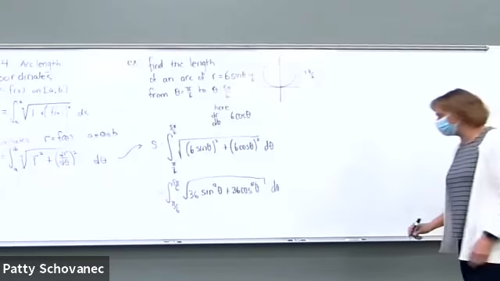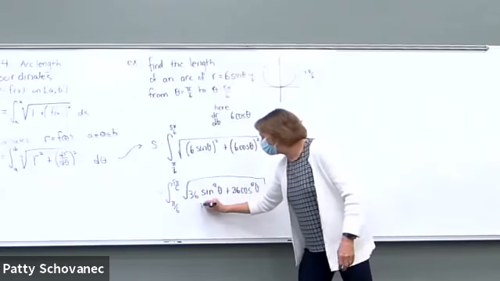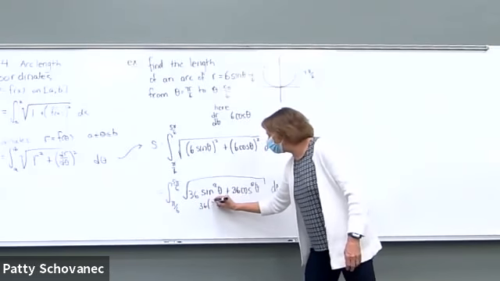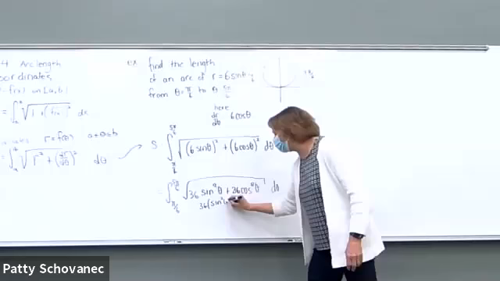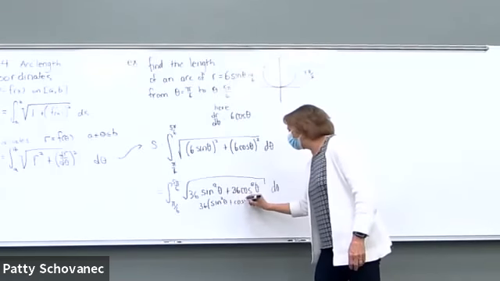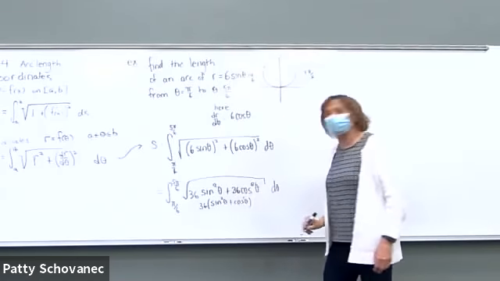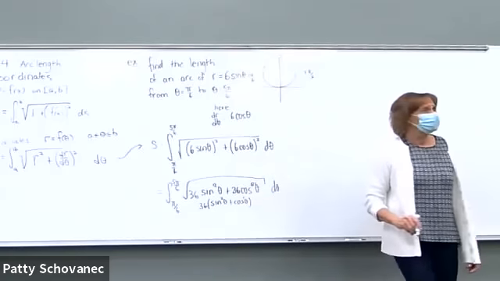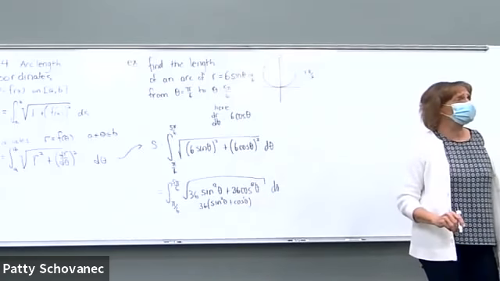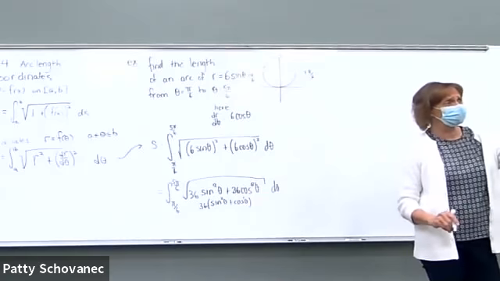If you factor out a 36, under the radical sign you'll have 36 times the sine squared theta plus cosine squared theta. And that should make you happy. What is sine squared theta plus cosine squared theta? 1. That's just 1.